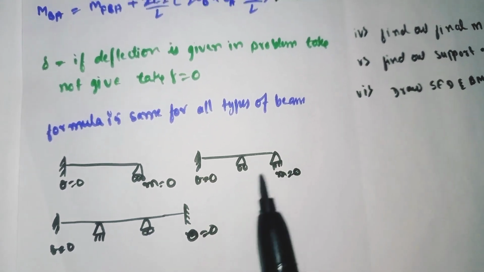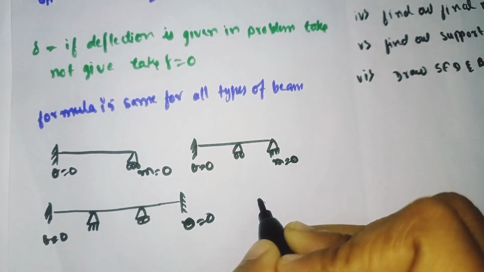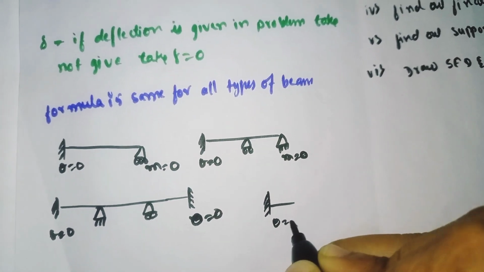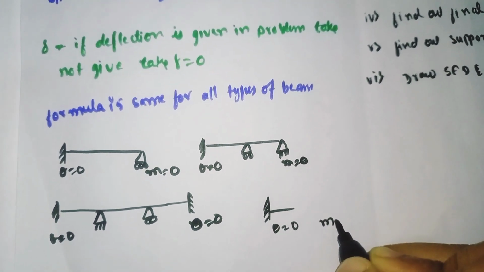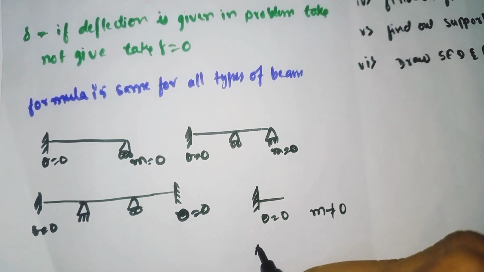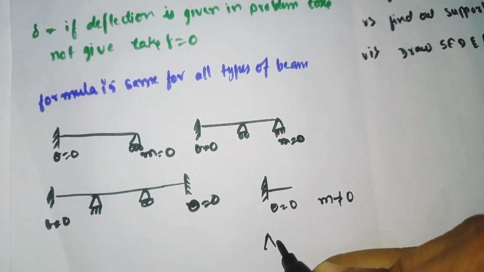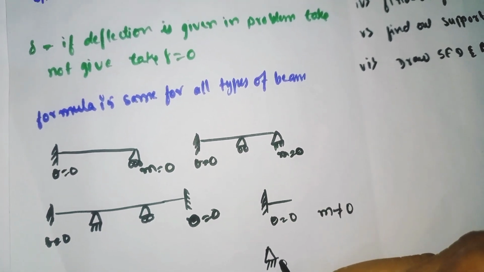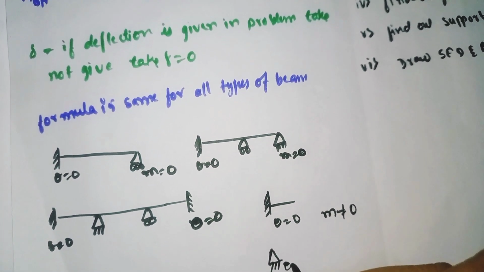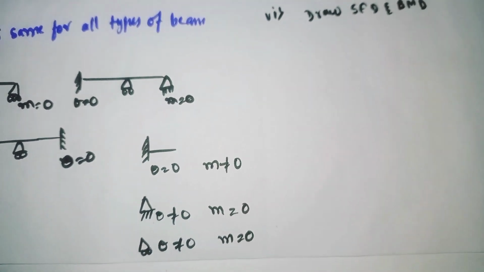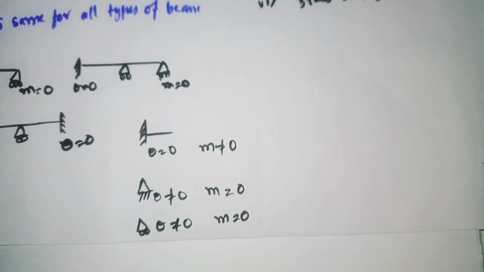So here also 0. I will write here: at fixed, theta is equal to 0, bending moment is not equal to 0. You need to remember this, as it is useful while calculating the problem.